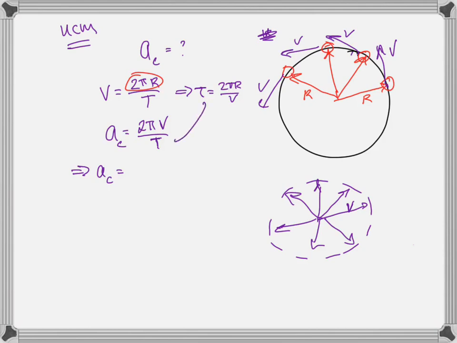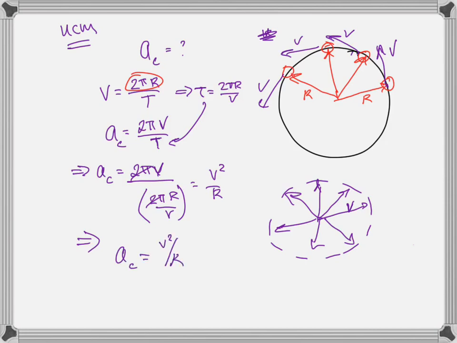Plugging that in, centripetal acceleration is 2 pi v over t, which is 2 pi v over 2 pi r over v. The 2 pi's cancel, and we get v squared over r. So the centripetal acceleration is v squared over r.